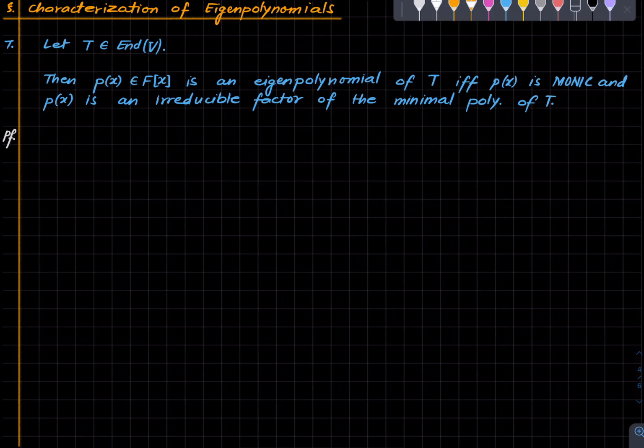So if you can find minimal polynomials of any given endomorphism, then you can find all the eigenpolynomials in principle, although factorizing a polynomial into irreducible components is not a simple task. So anyway, let's prove this. So first, suppose that p(x) is an eigenpolynomial.